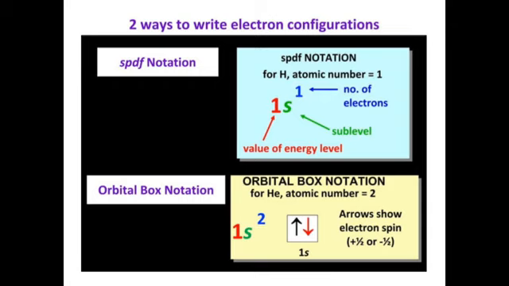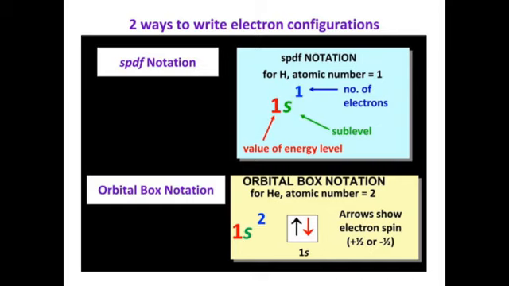You have 1s, where 1 shows the value of the energy level, and s shows the sublevel. And then of course we have the superscript 1 showing the number of electrons to be 1, and of course the atomic number of hydrogen is 1.